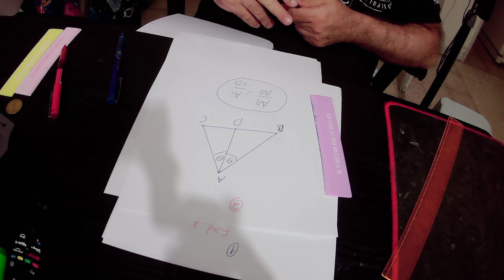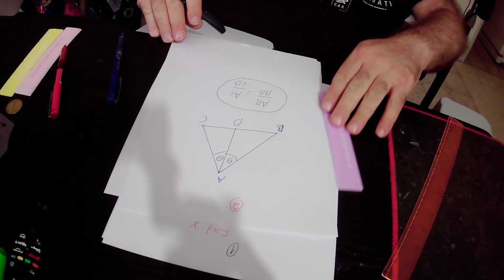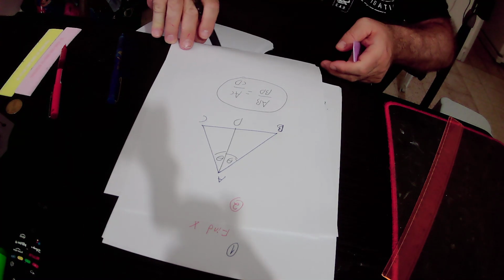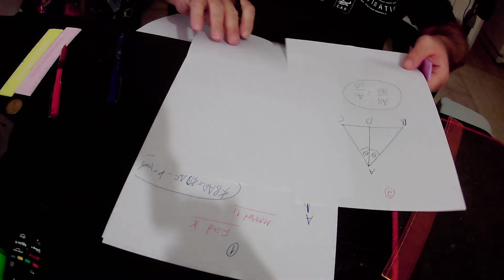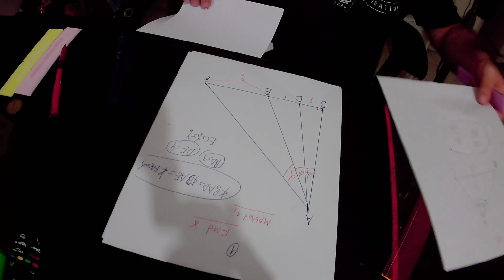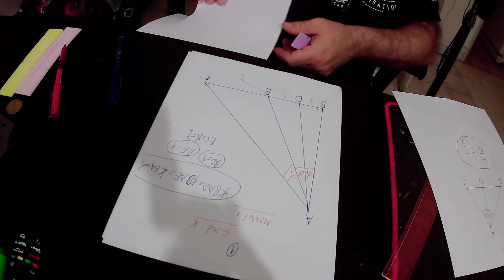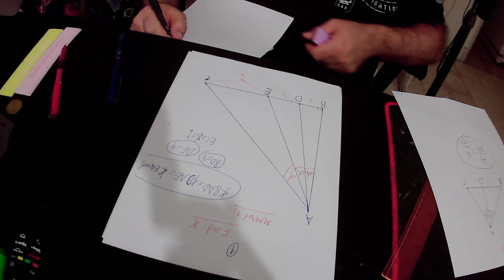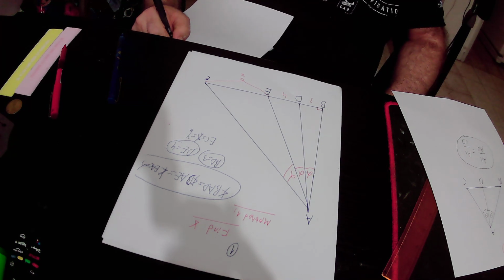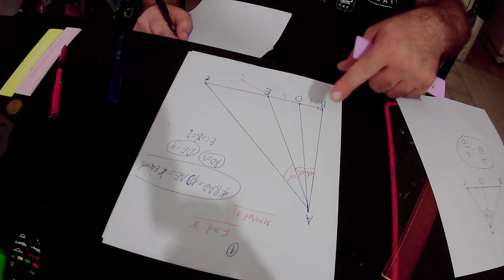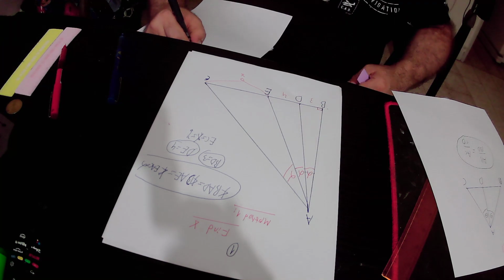Okay, so actually triangle ABE is a right triangle.